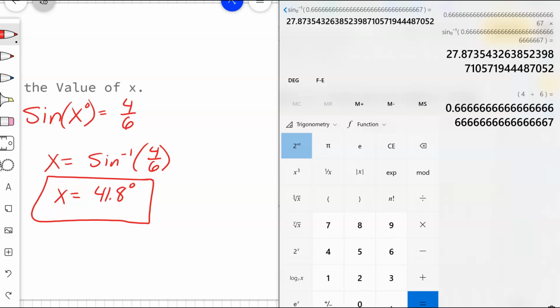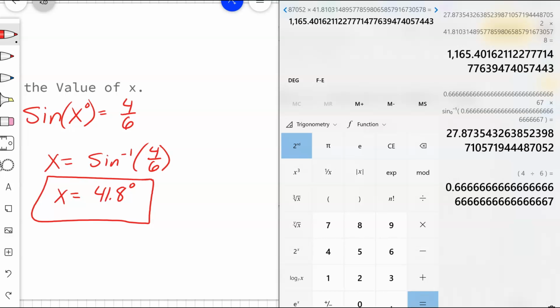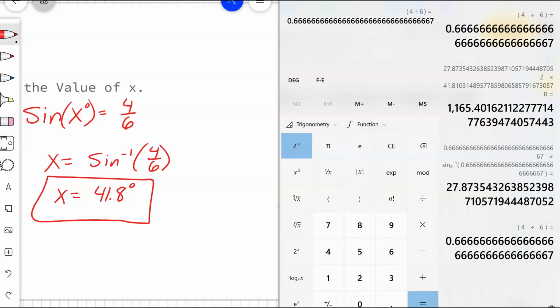So let's back up. No. Okay. Too many times pressing the enter button. Okay. So start off with 4 divided by 6, close parentheses. Okay. And then what we're going to do is we're going to take that as a sine inverse, and notice how it's 41.8. That's our solution for our angle measurement.